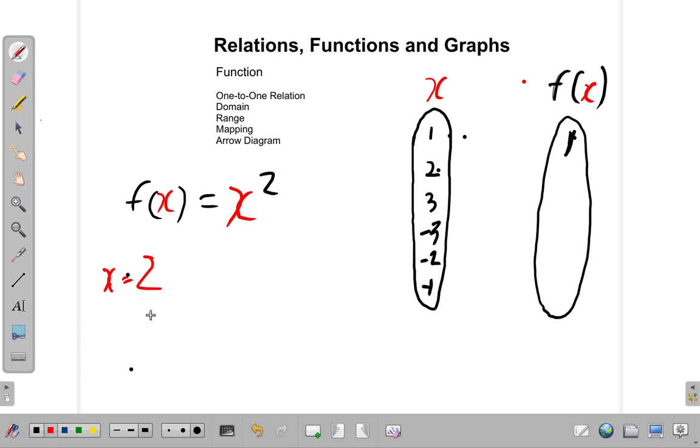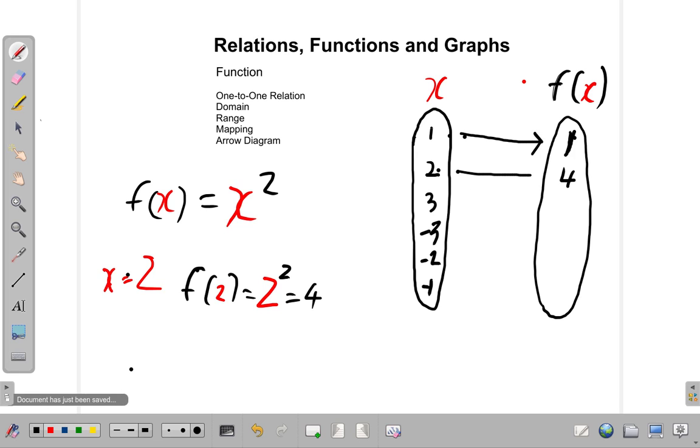We have 2 for our x here. Now, instead of writing f of x again, we have f of 2. So what we have is 2 squared, which is 4. So we have 4 over here. And just like how 1 was mapped onto 1 here, 2 is mapped onto 4.